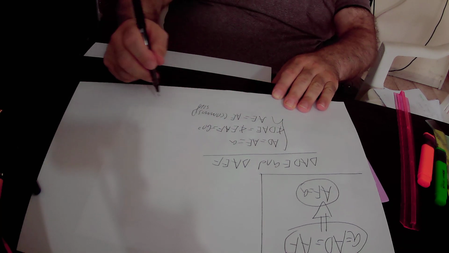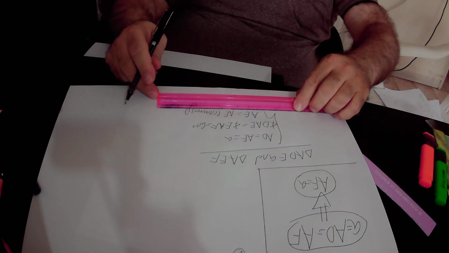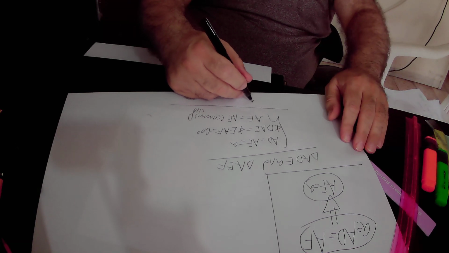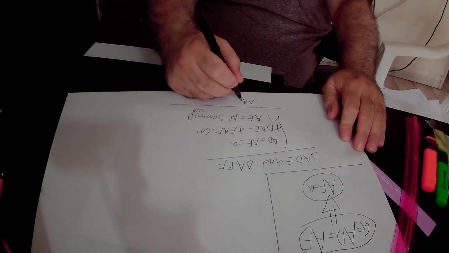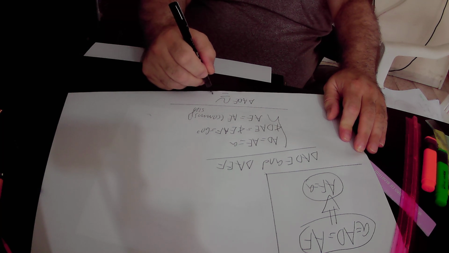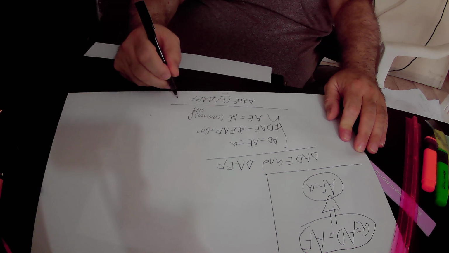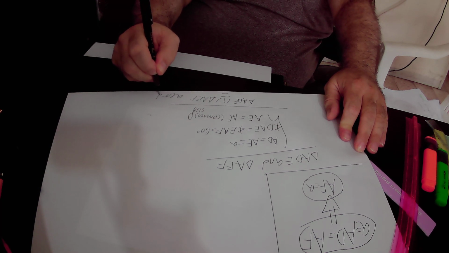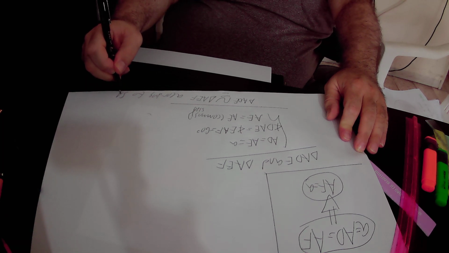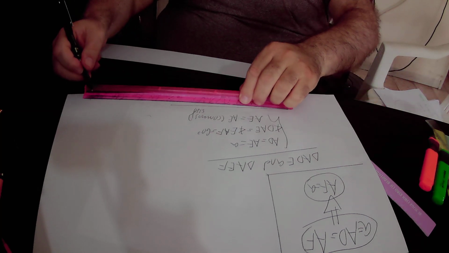So we actually proved that the green triangle, triangle ADE, is congruent to the orange triangle, triangle AEF, according to side angle side rule.